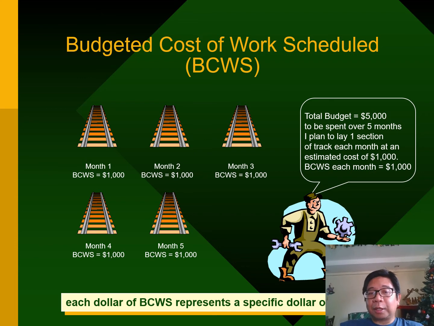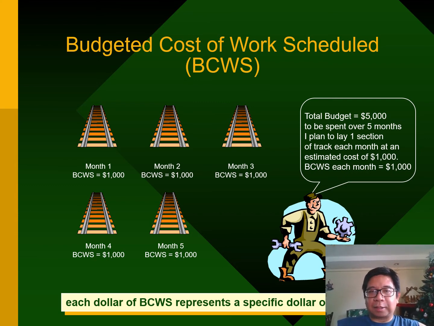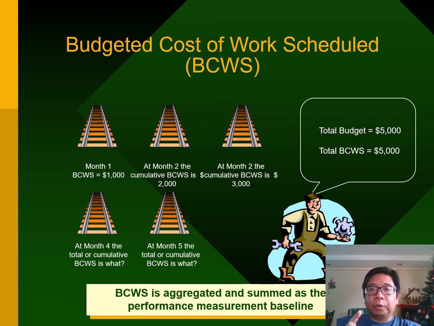What is important here is at the start, you actually identify what is the cost that you will spend for the work that you are scheduling. So this is the planning part of the earned value analysis. Note though that we usually aggregate the BCWS per time period.